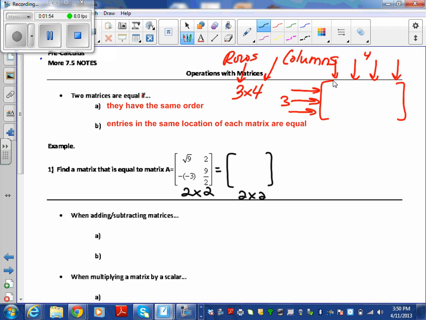So you see, the square root of 9 is 3. Then for the 2, you don't need to change every entry. Even if only one was changed to be equal, that would be fine. But hopefully you're looking at the opposite of -3 and thinking, well, that's the same as +3. And then 9/2, again, we could leave that be, or we could write that as an equivalent decimal. 9/2 is equal to 4.5.